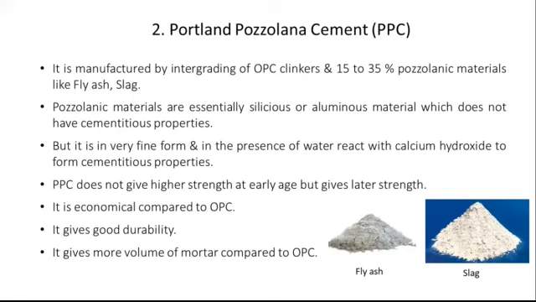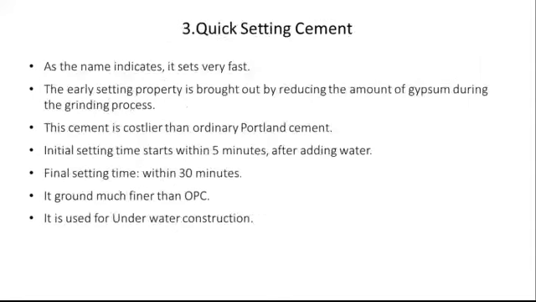Pozzolanic material is essentially siliceous and aluminous material which does not have cementitious properties itself, but in very fine form and in the presence of water it reacts with calcium hydroxide to form cementitious compounds. PPC, Portland pozzolana cement, does not give higher early strength but gives strength after setting. It is economical compared to ordinary Portland cement, gives good durability, and gives more volume of mortar.